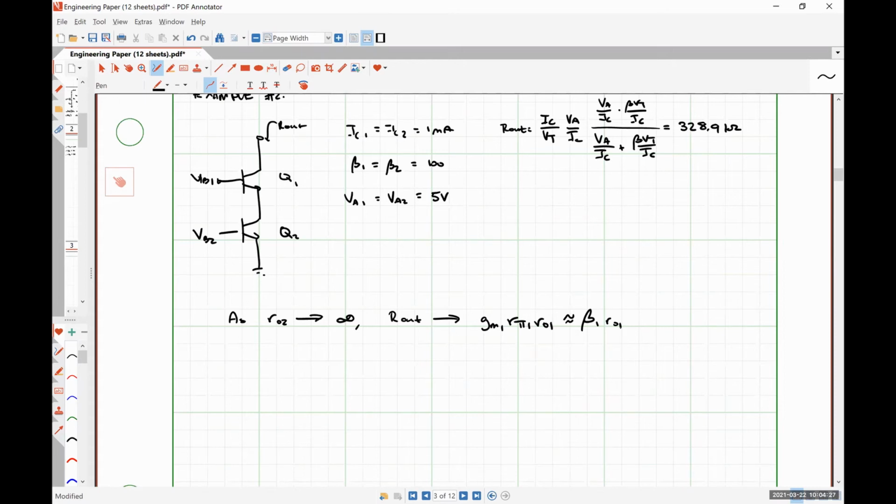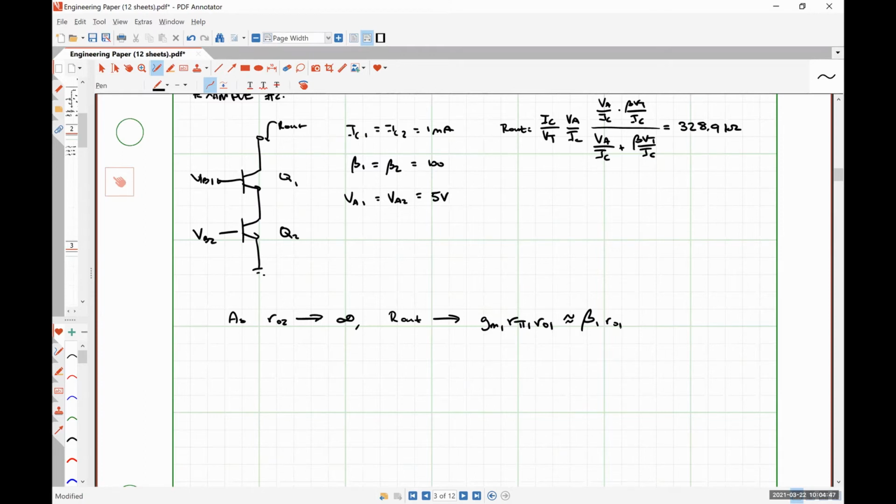So we have a maximum possible output impedance when we have a cascoded BJT current source, okay? This is caused by the finite input impedance of the BJT.